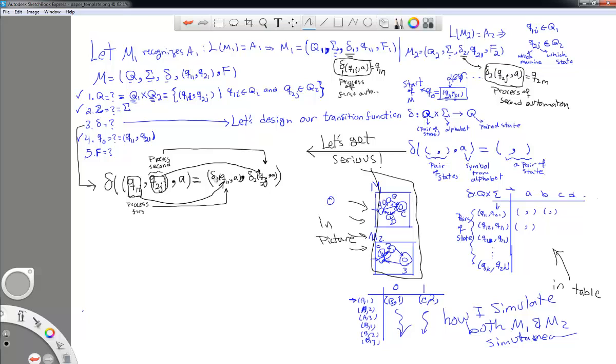What I will use is delta 1 for the first one and delta 2 for the second one, which is really, really easy, because now let's say that we've got something like this.